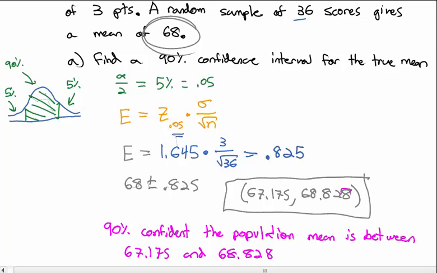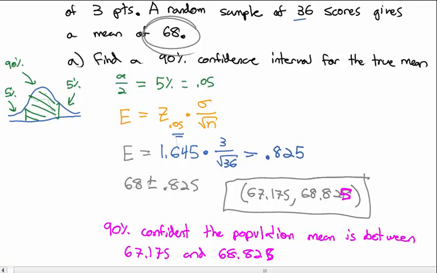Oh, I'm sorry, that should be a 5, not an 8. I can't do calculators. There we go. This is inferential statistics, using our sample to make an inference or an estimate of the population. We're 90% confident the actual mean is between these values.